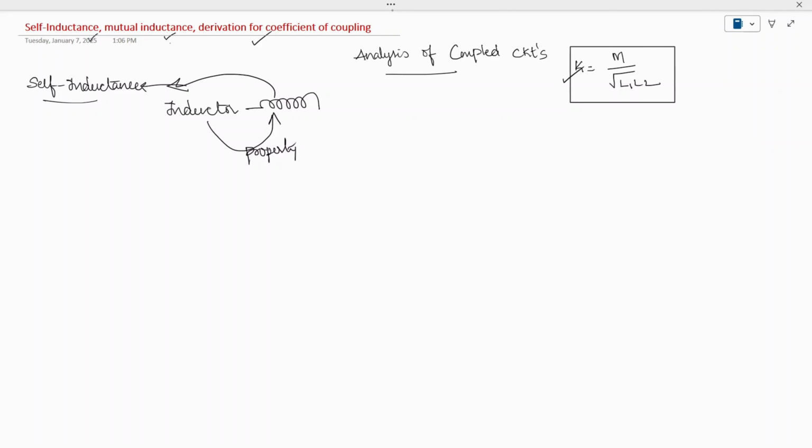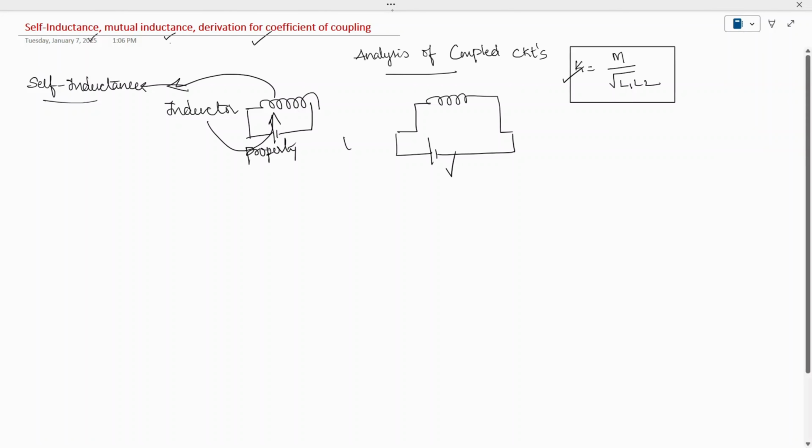Now, what is self-inductance? Generally, we apply some voltage to an inductive coil. The voltage we apply is a function of time, and automatically this will develop some current, I of t.